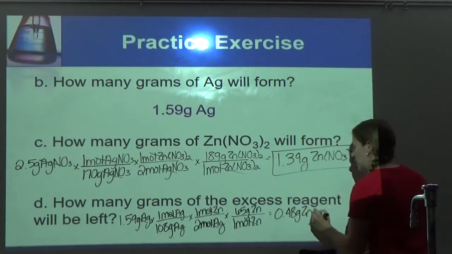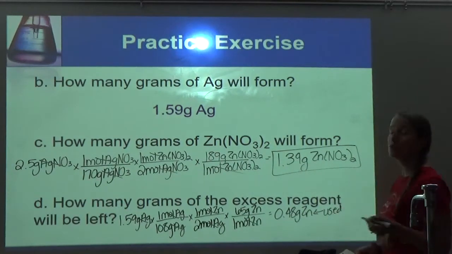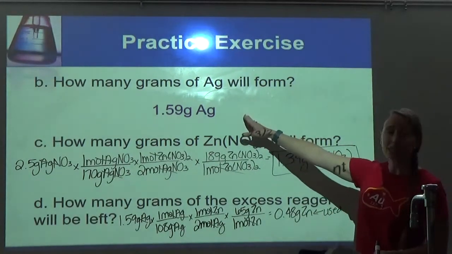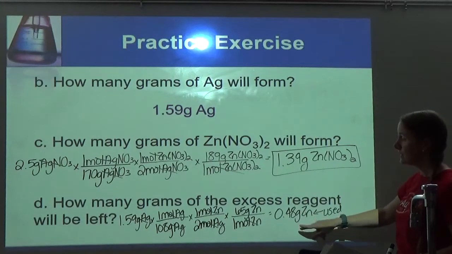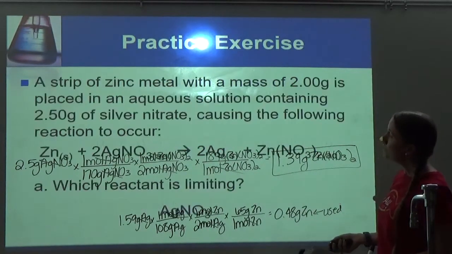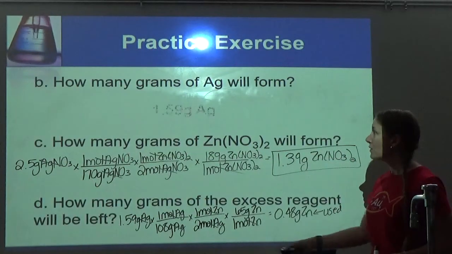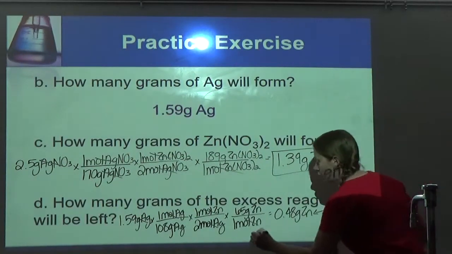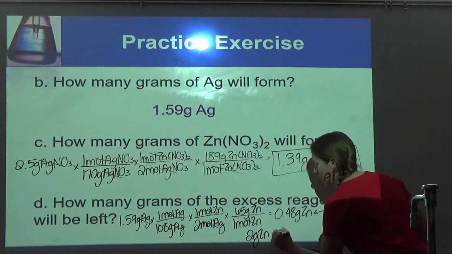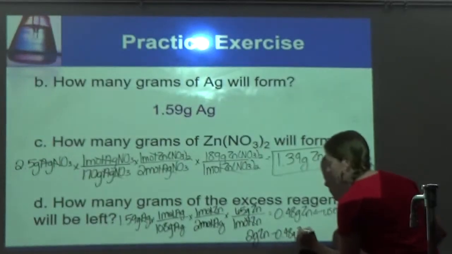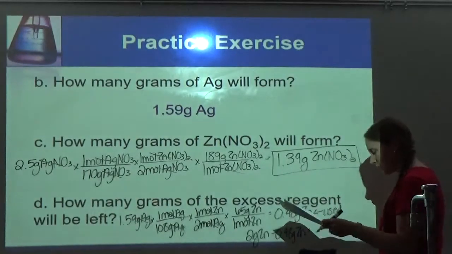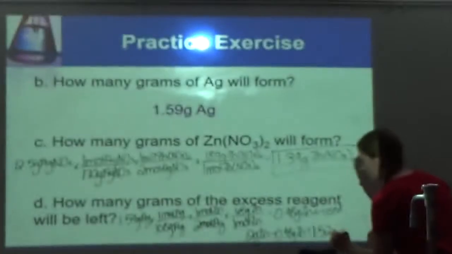Now this is not how much I have left. This is how much was used to create the silver. Okay, so we use this much. So if I go back to my question, I can see we started with 2 grams of zinc. So now that I know how much I used, I can just say, okay, well 2 grams of zinc minus 0.48 grams of zinc gives me 1.52 grams of zinc.